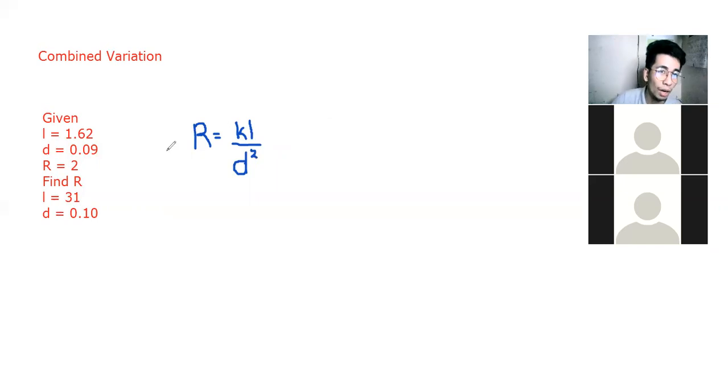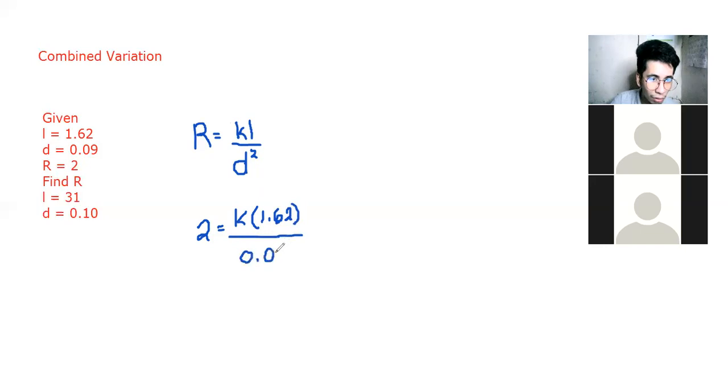Okay? So, una muna natin, what is the value of R natin? 2. Then, equals natin sa K. Then, ang length natin is 1.62 over D squared. Ang D natin is 0.09. Then, i-square natin to.